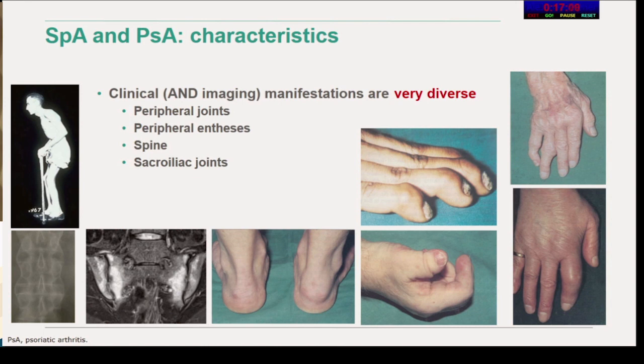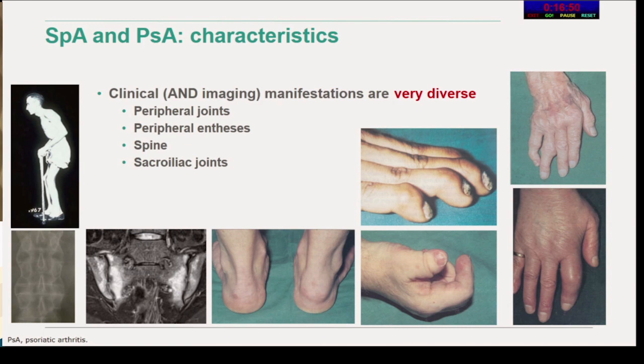You may have enthesitis, as you see in the lower middle image here, for instance, in the Achilles tendon area. And you may have involvement of the sacroiliac joint, as seen in this MRI, or the bamboo spine in ankylosing spondylitis, and the appearance of AS patients there on the left.